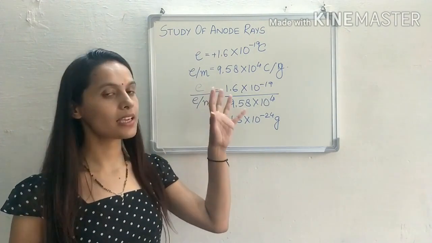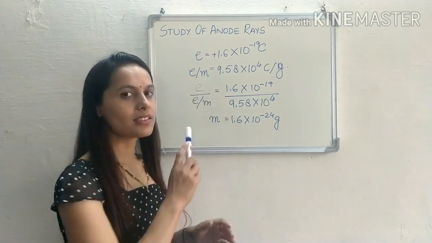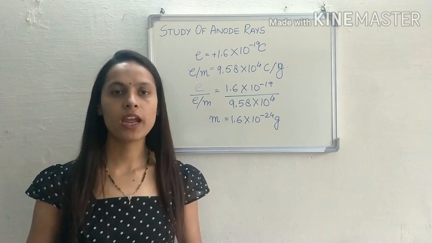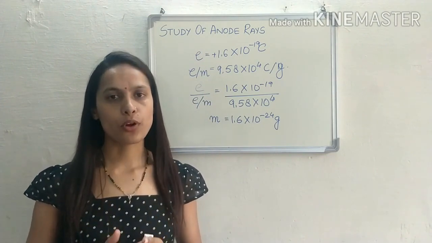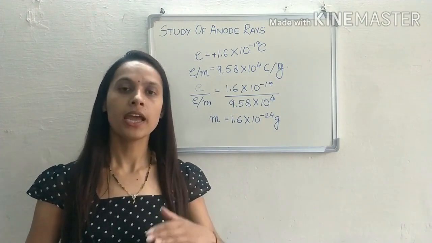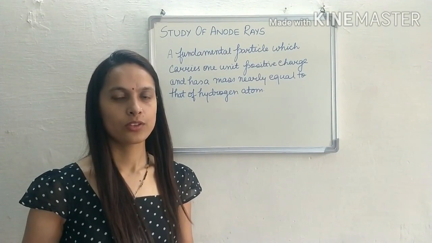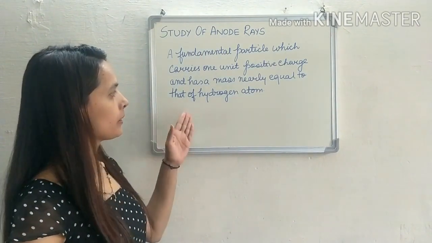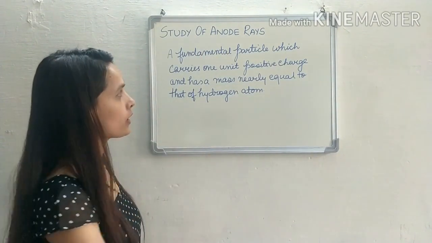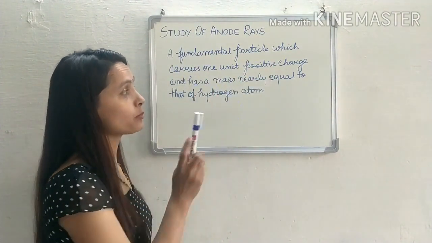So on the basis of the characteristics of anode rays, and the charge to mass and mass calculations, now we will define the proton in the same way as we defined the electron in our previous video. So we can define proton as that fundamental particle which carries 1 unit positive charge.